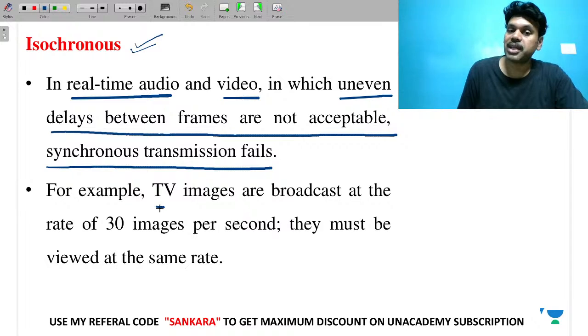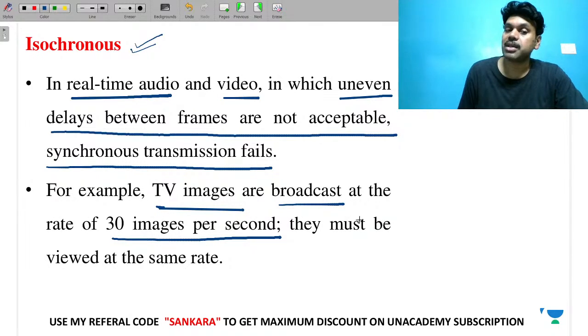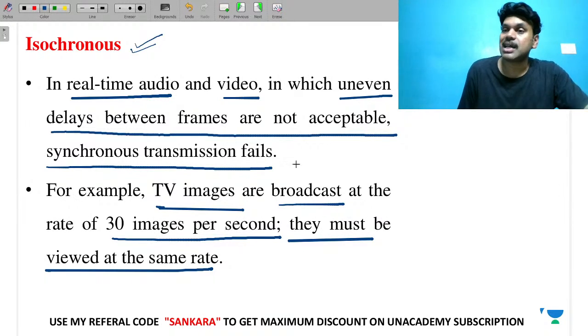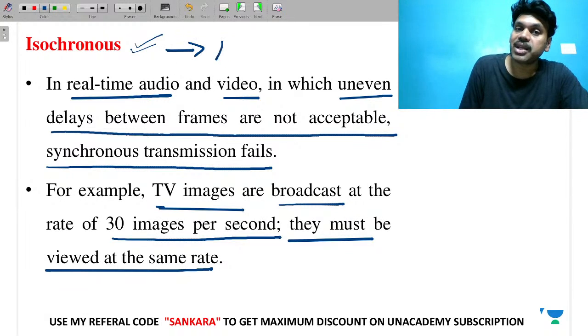For example, TV images are broadcast at 30 images per second in general, so they must be viewed at the same rate. This is the concept called isochronous. You can use it in the form of podcasting.